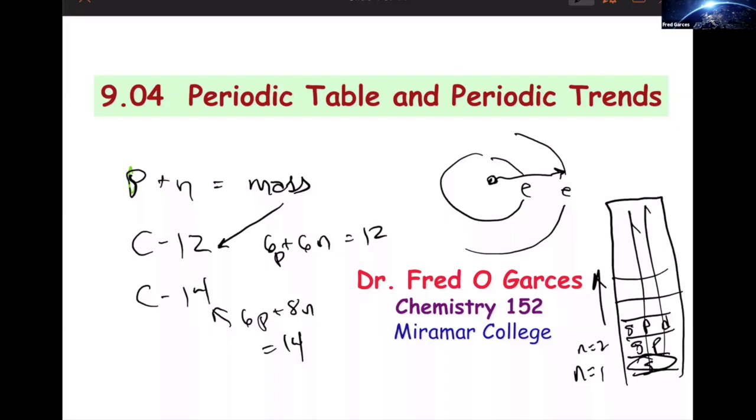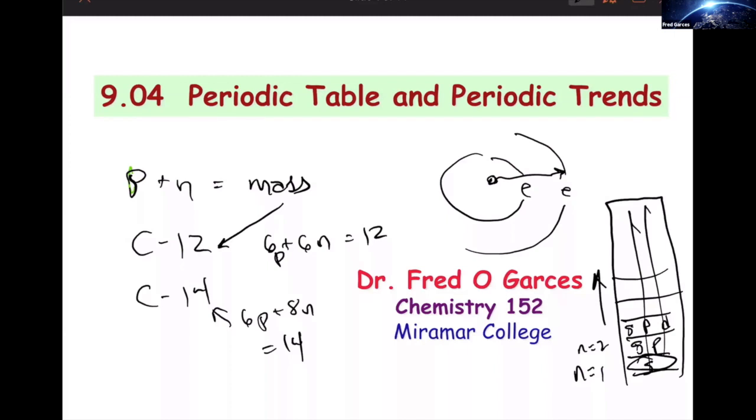So you can see that the further out we go, the more spacious the energy level, the more suborbitals you can fit in. And of course, these suborbitals have different types of orbitals. Anyway, that's a summary of what we talked about last time.